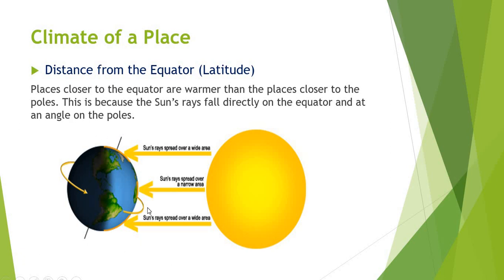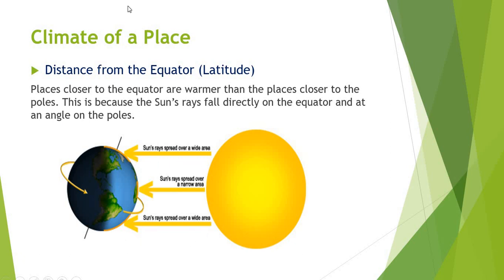Let us study this thing with the help of this picture. This one is the sun, this is the earth. As you can see in this picture, this is the equator part. And here at the equator, the sun rays fall directly on it, while on the poles, they fall at an angle, or you will see the line is slanty in nature.